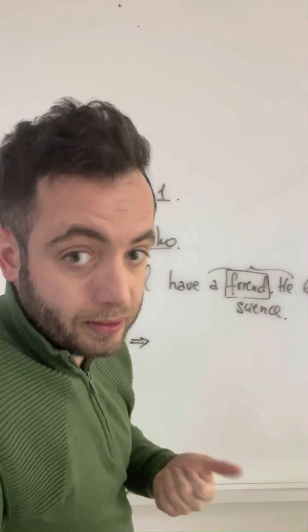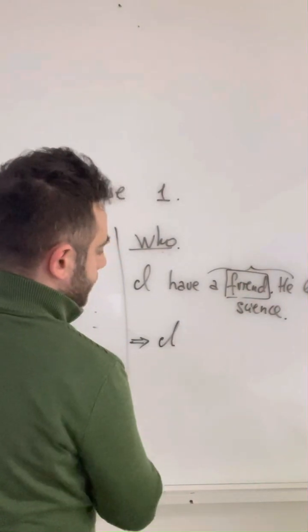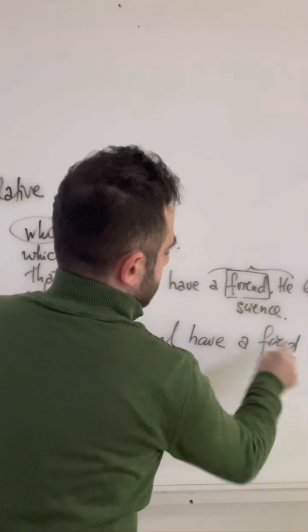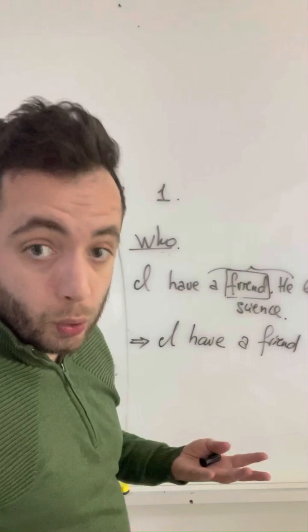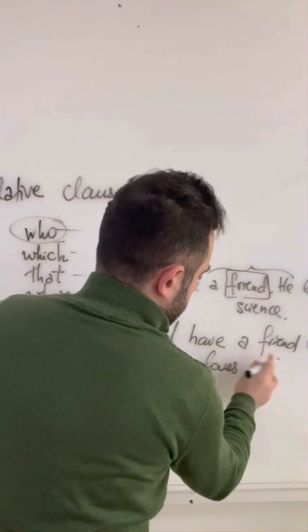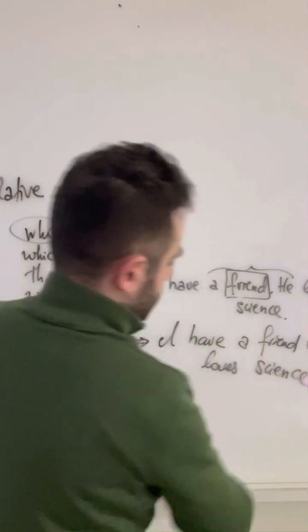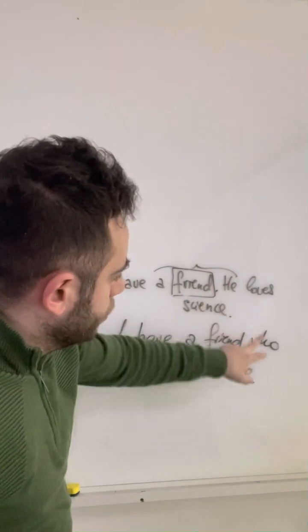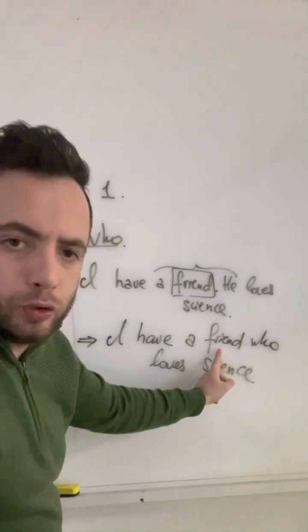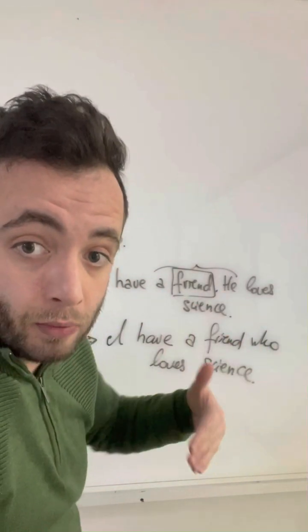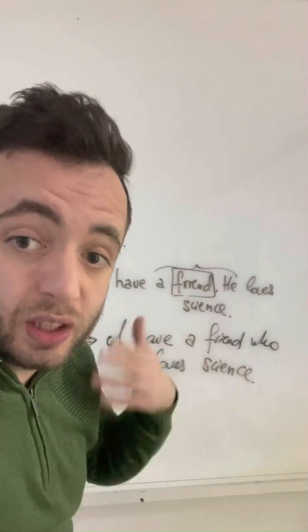I have a friend, let's keep it here, and then instead of he, let's write who to combine it: who loves science. This is a sentence. See? We made a great but simple combination, because instead of just he, we wrote who, which also refers to a friend, and we don't need to use friend twice. So using a relative clause reduces the use of the same thing.